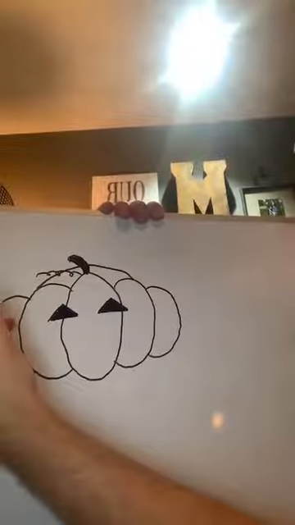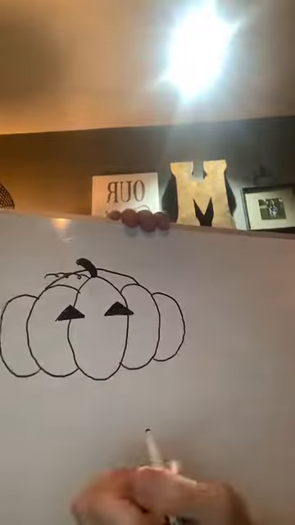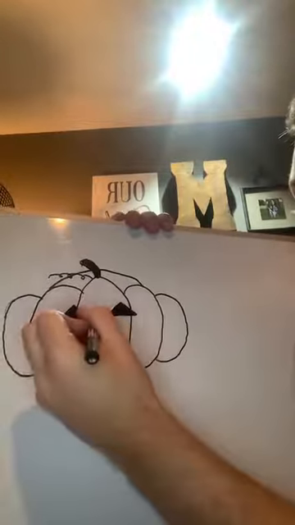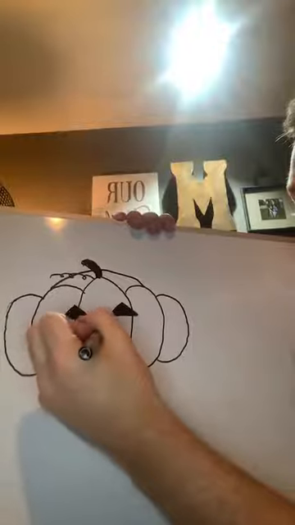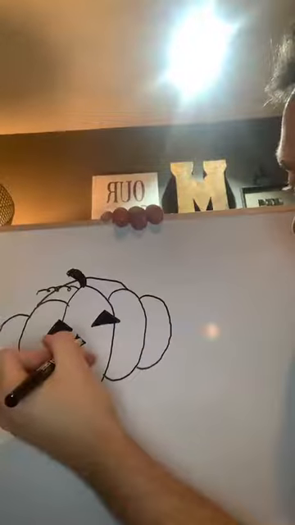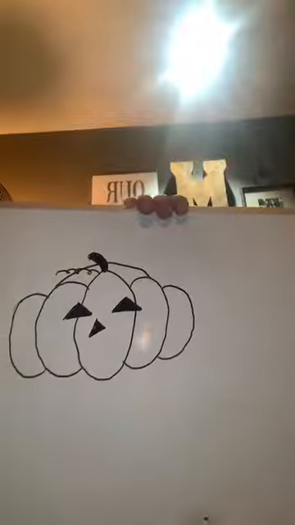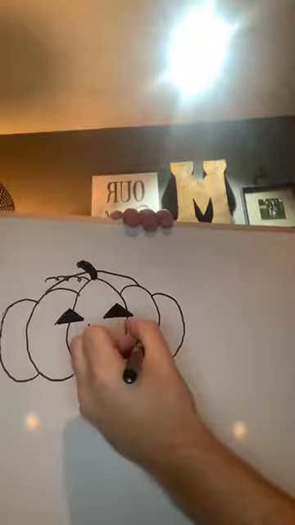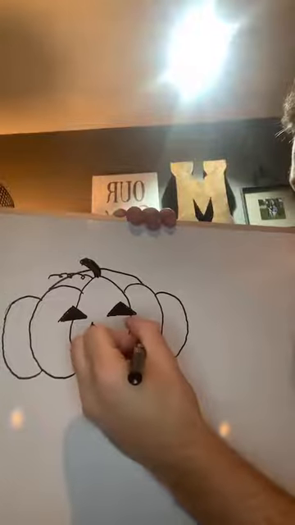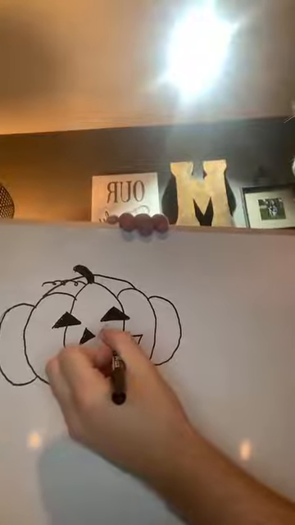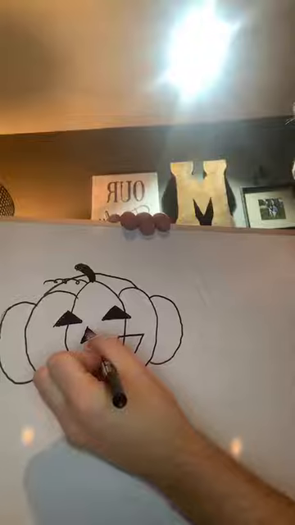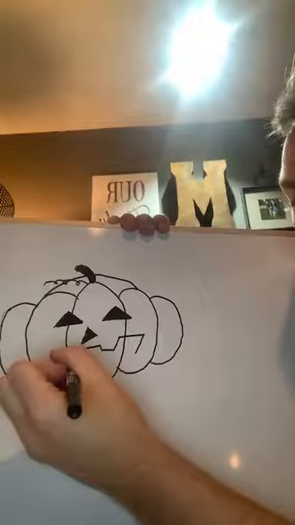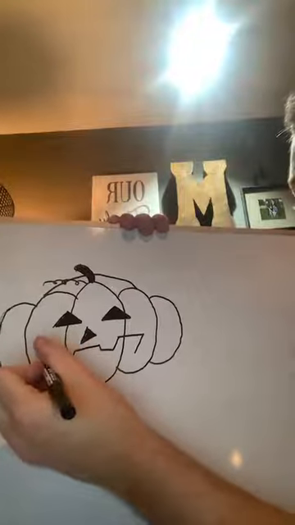You can draw your pumpkin however you want. But for me, I'm going to do another triangle, a smaller triangle for the nose. Sort of like that. And then, I'm not really sure what I'm going to do here. Maybe something like that for its mouth.